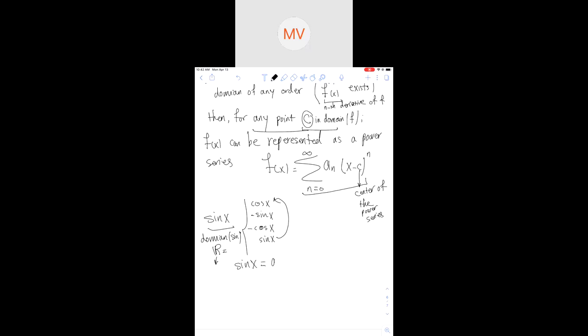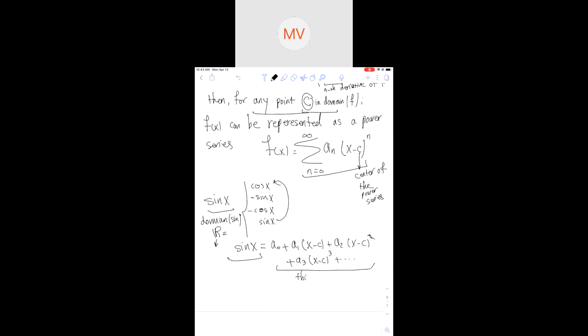For example, we can write it as a0 plus a1 (x minus c) plus a2 (x minus c) squared plus a3 (x minus c) cubed, and so on. How is that possible? Write sine as an infinite degree polynomial. Consider this as a polynomial of infinite degree.